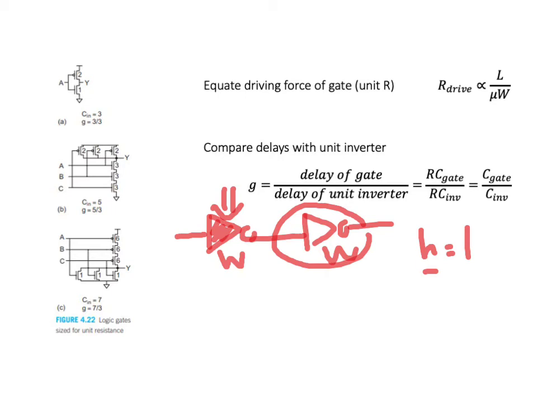So if the driving gate has a much larger size, which means that the load gate has a smaller size, the H will go towards 1. When H is 1, the relative sizes of the load gate and the driving gate are similar, and of course H can also go less than 1 if the size of the load driven is smaller than the size of the driving gate.